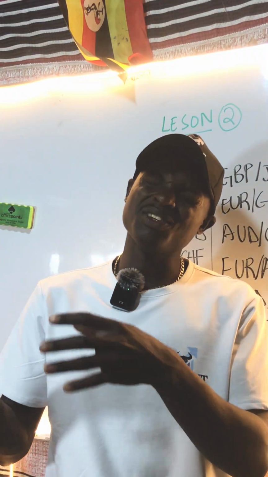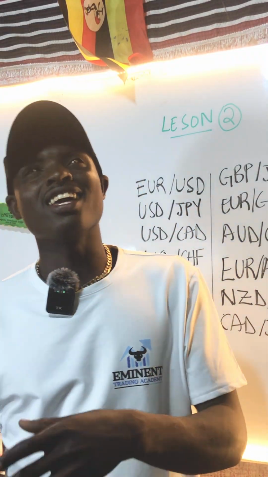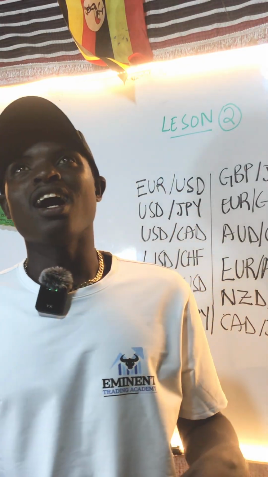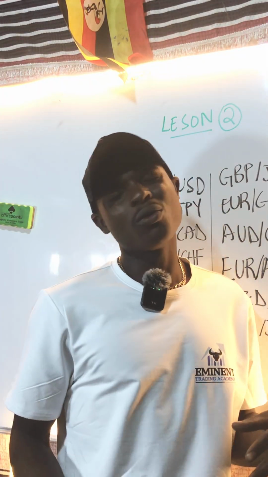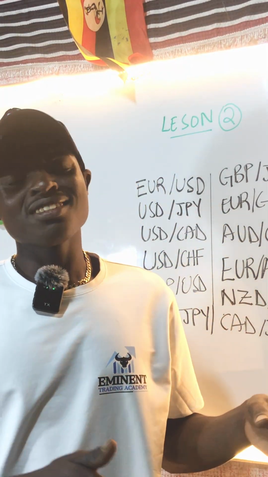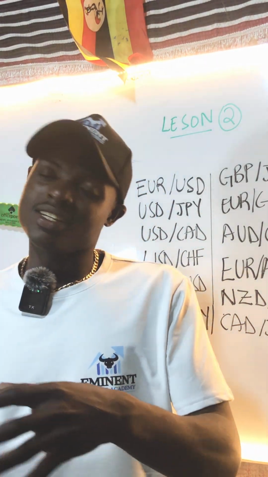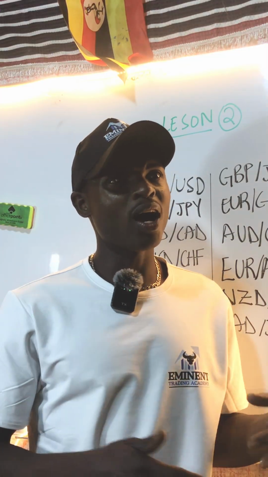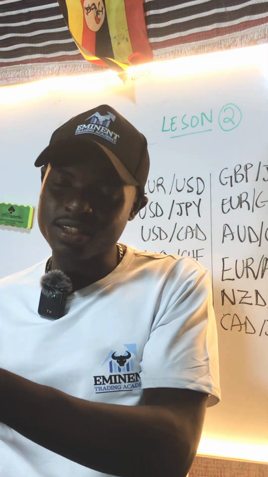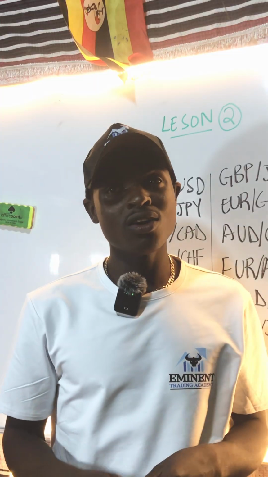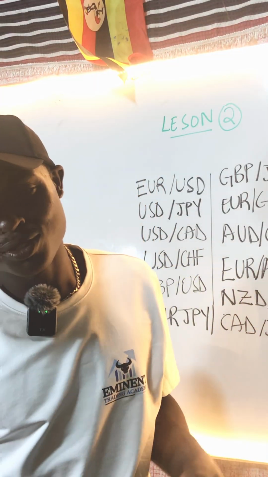For example, it's like here in Uganda. When the news announces the US dollar prices going higher, this implies that the Ugandan shilling is weakening, which means that someone who had bought some units of the US dollar would be making some good profit.